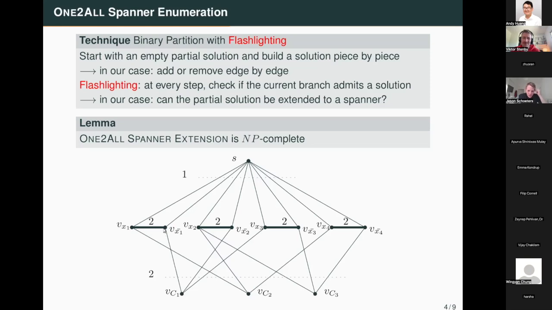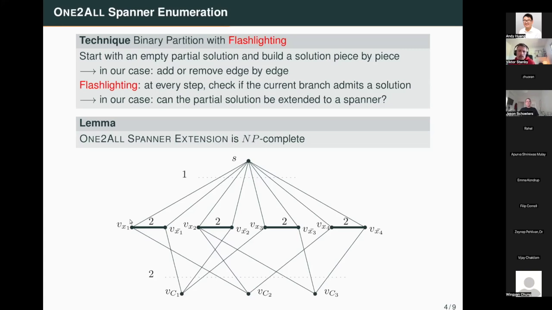If this was a directed edge, then you remove the choice, because if S goes here and, maybe it's lucky, the direction is from left to right, then it can still reach it. But if it chose this one and the direction was from left to right, then it cannot visit or reach this vertex over here. So there's something that removes the choice just by directing your edges. And we were thinking, well, maybe that's fine, maybe we can still have some kind of nice result, but there's an additional structure that pops up concerning one-to-all.